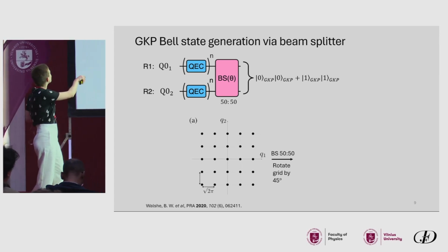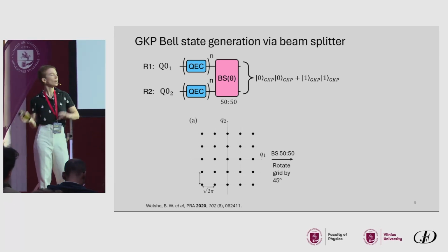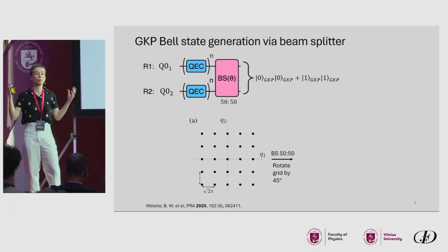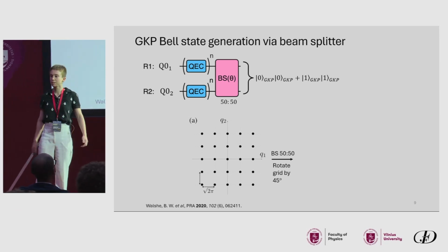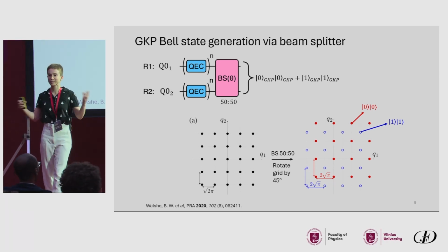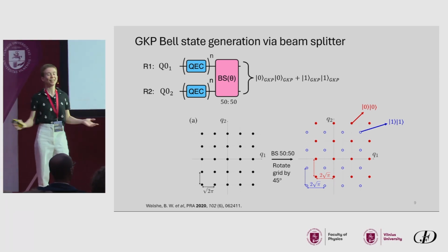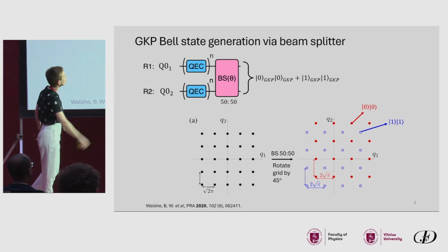Now, if we input those two qunaught states on our 50-50 beam splitter, what this will do is rescale the quadratures and effectively rotate this grid by 45 degrees. If we do that, we end up with a larger grid, larger by root 2. And effectively, it's a superposition of two grids.